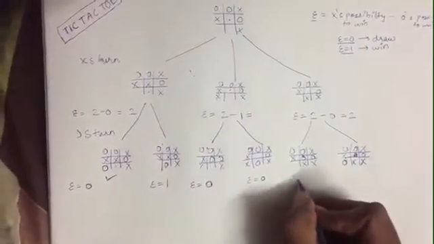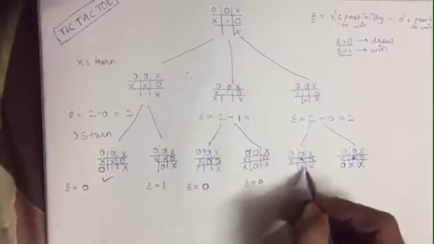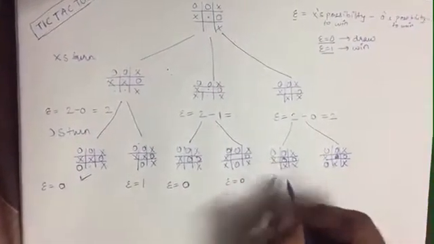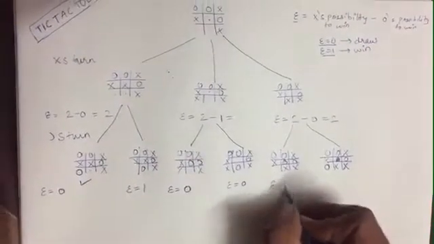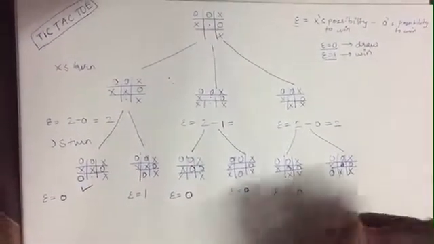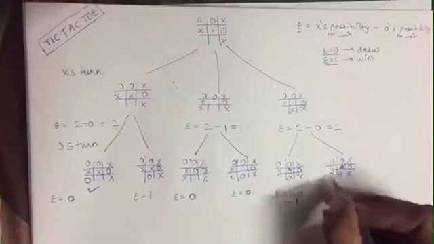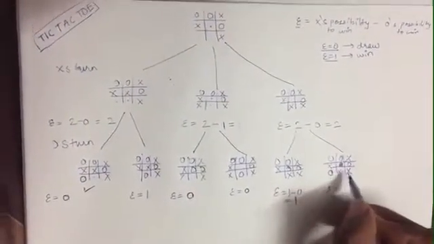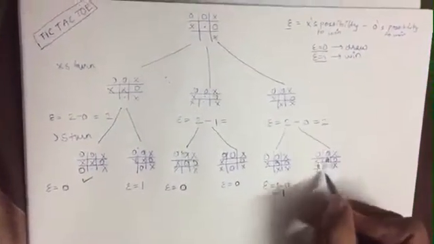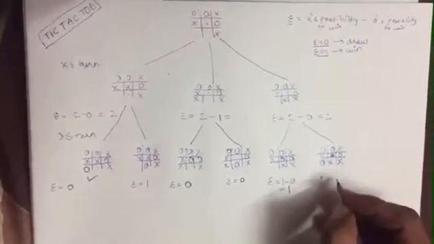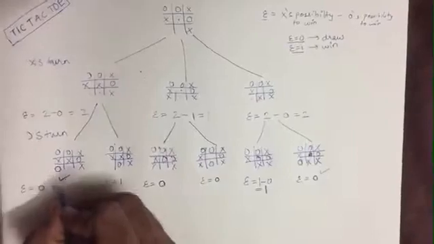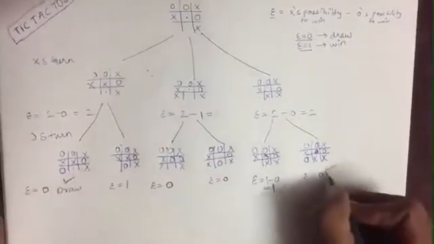So calculate E for this one. Winning possibility of X is equal to 1, and for O is 0, so it will be 1 minus 0, which will be 1. Over here winning possibility of X is 0, and for O is also 0, so it will be 0. So this one will be a draw, and this one will also be a draw.